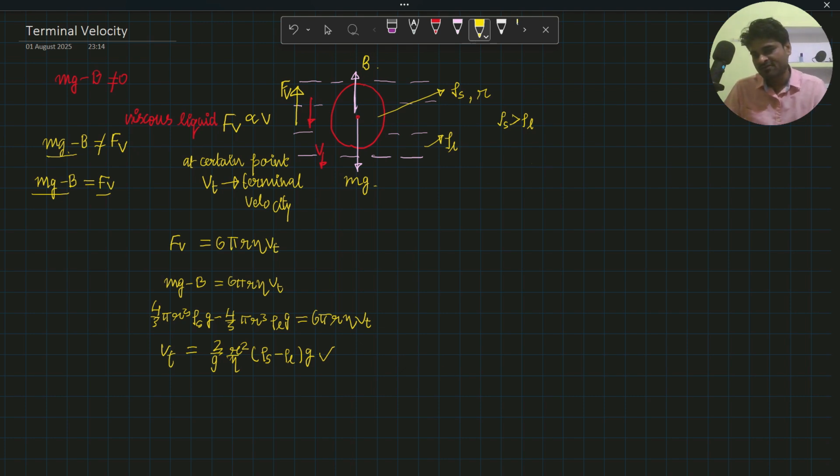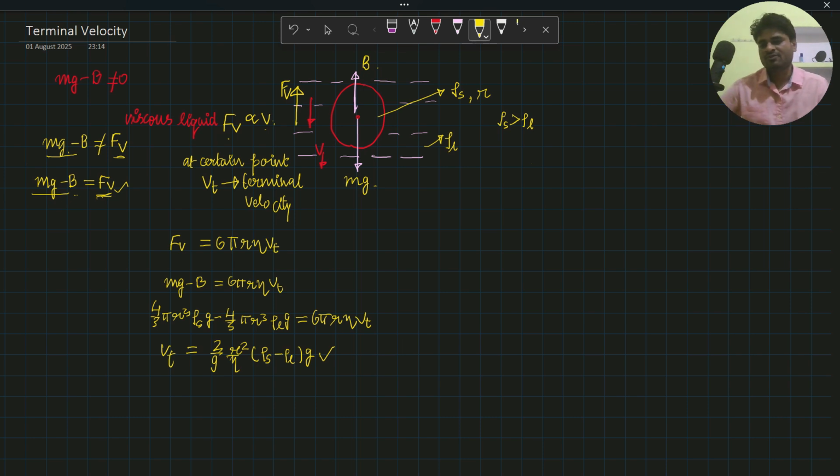But since mg minus b is greater than this viscous force, this velocity will keep on increasing, but as velocity is increasing, so does this viscous force, and there comes a time when this velocity will become vt, and at that velocity this viscous force is equal to mg minus b, weight minus buoyancy, and so this is the terminal velocity.